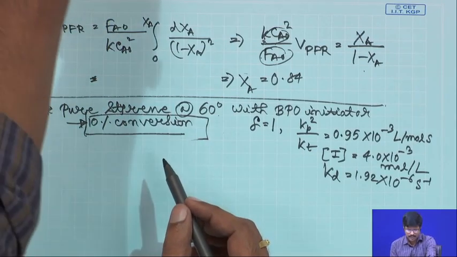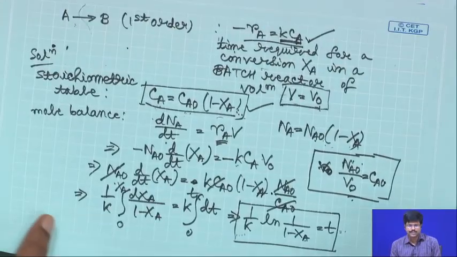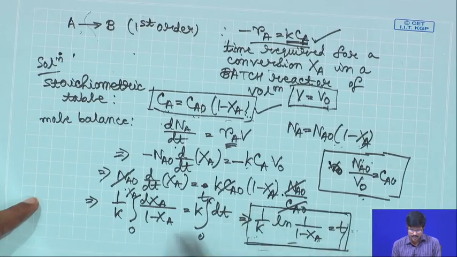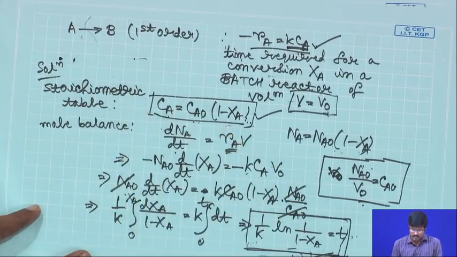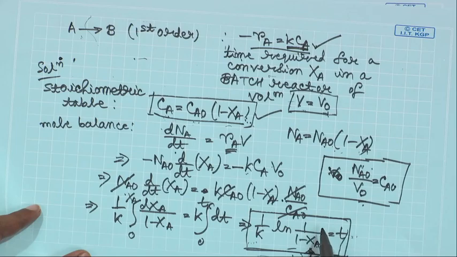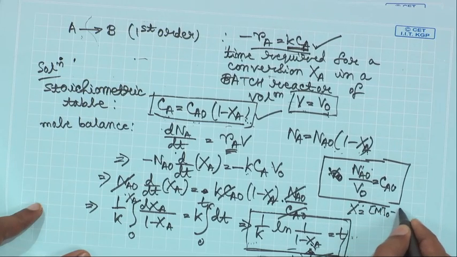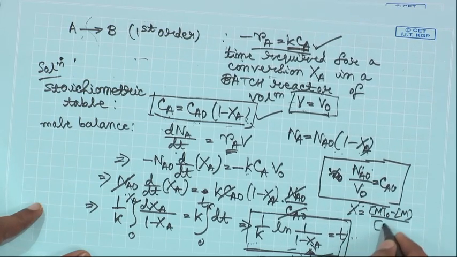Now, remember that we had solved for a first order reaction previously, and this was the expression that we had got if the reaction is first order, in order to get this kind of conversion. Now, if you replace this x, the conversion, remember conversion is nothing but initial concentration minus final concentration divided by initial concentration of the monomer.